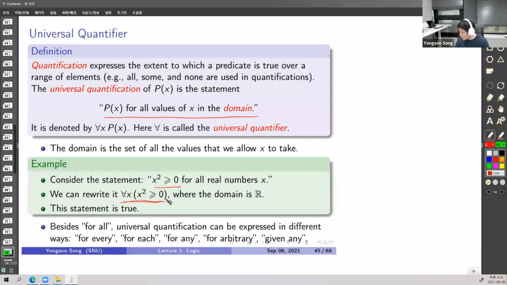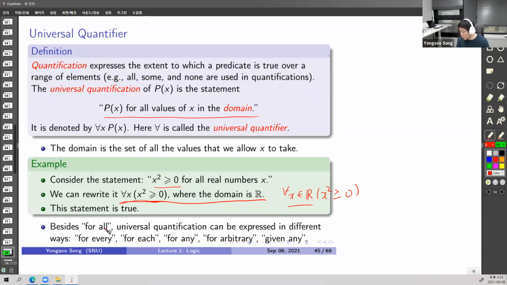You can write this proposition like this, or you can also write it like this to represent that the domain is R. And this statement is of course true because the square of any real value cannot be negative.